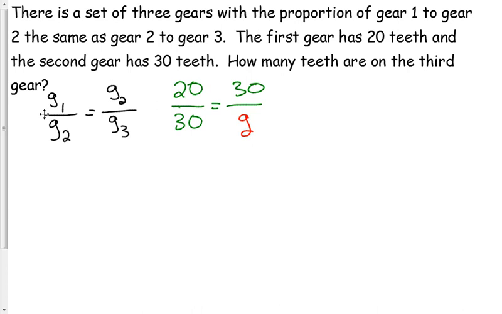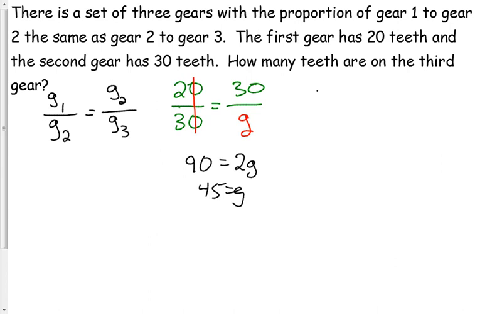Now, like I mentioned earlier, in the last one, you can simplify. 20 over 30 is the same as 2/3. The reason I do this, when I go to multiply, now I only have 30 times 3, so that's 90 equals 2g. So that means there are 45 teeth. So this way, 45 equals g.